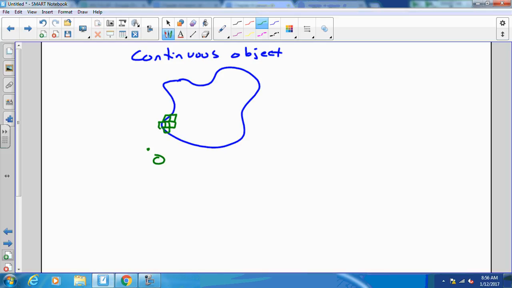A few of those chunks are going to overlap the boundaries of the object a little bit, so we'll have a little bit of error, but it's not too bad. Each chunk is going to have a width that is a small piece of x, dx, and a height that is a small piece of y, dy.